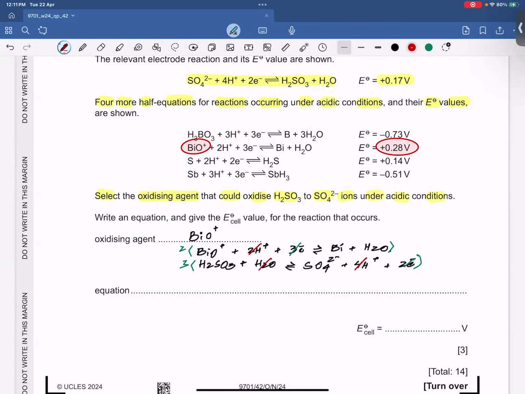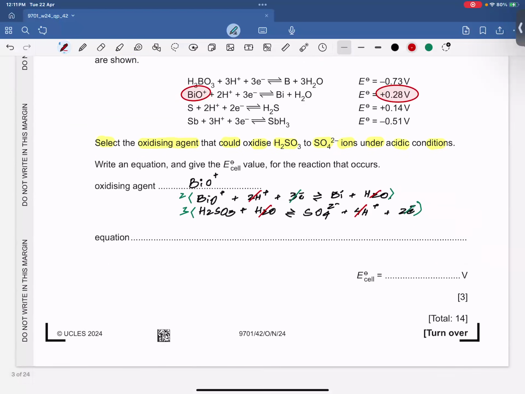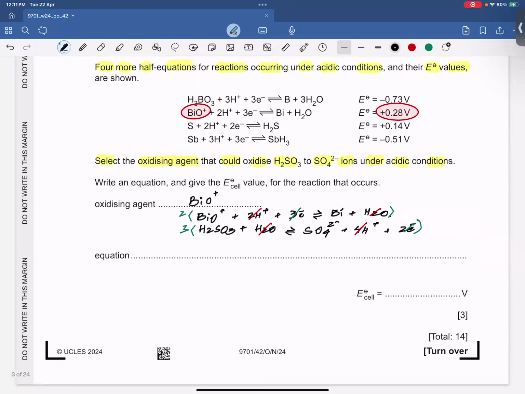These 3 water molecules cancel out with 2 water molecules. So the final equation can be written in this way: 2 BiO+ and 3 H2SO3. So we have 3 moles of water here and 2 moles of water here. So when they cancel out with each other, only 1 water molecule is left.